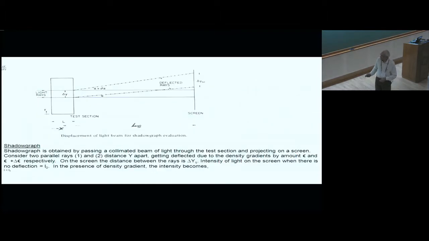And Shadowgraph is a particularly simple technique. So all you need is a near collimated source of light. So it can be just like a projector, for example. And what happens is if you consider two rays, for example, and one of them deviates to a larger extent than the other, then this place will show a lower intensity.